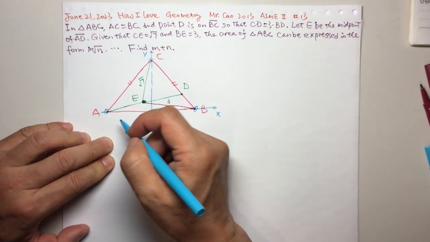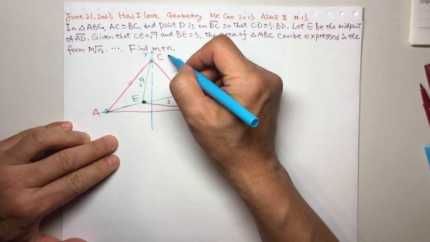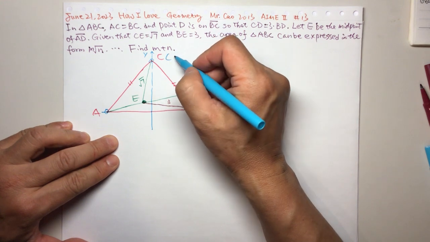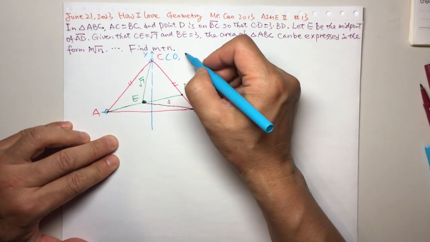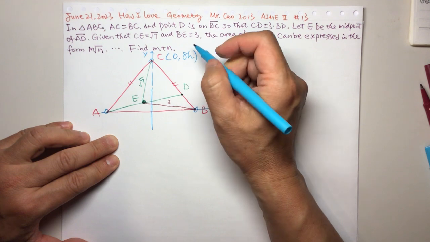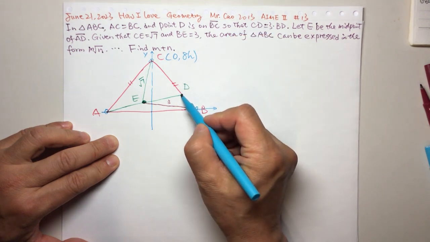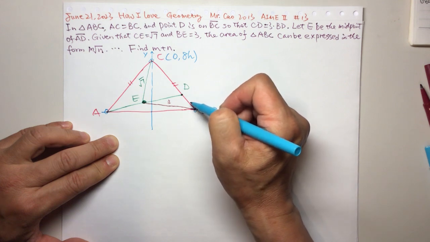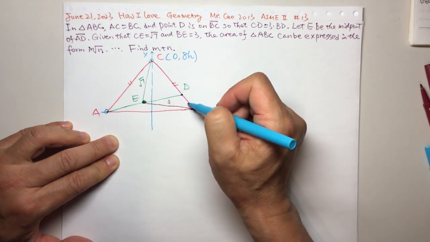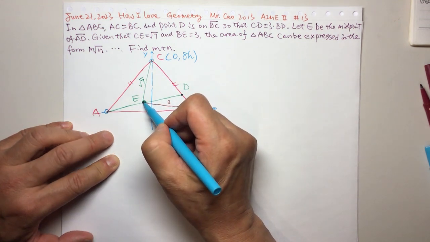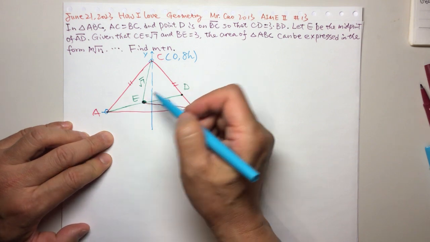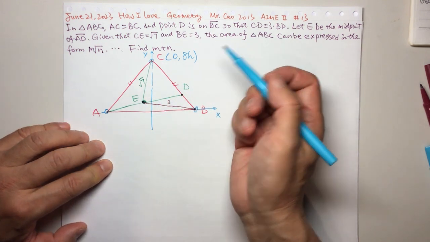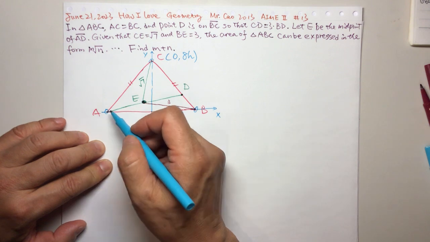So let's say C has coordinates x is 0, y is 8h. Why 8h? Because this is 3 to 1, so the total is 4, and here is the midpoint, right? I don't want to get fractions or decimal numbers.